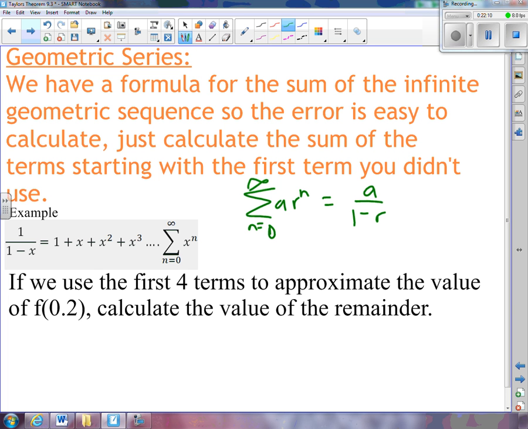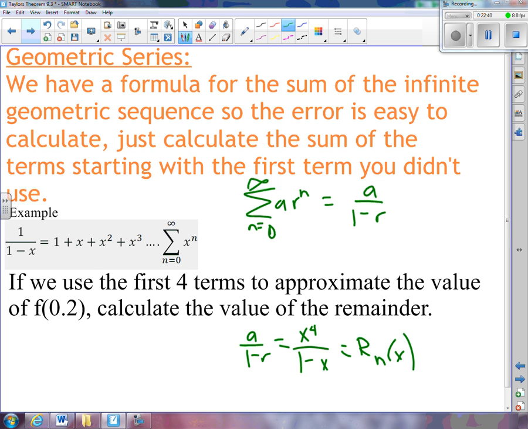Let me tell you what I mean. The A over 1 minus R, A is now my first term. The first term of my remainder is x to the 4th. And I'm still multiplying by x each time. So this is my remainder.